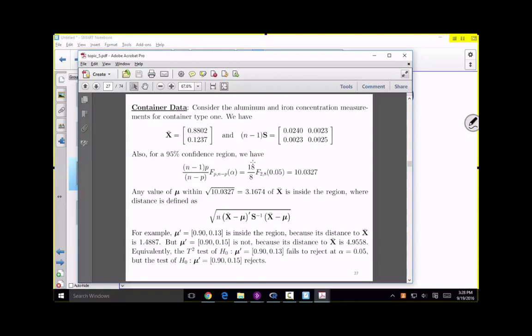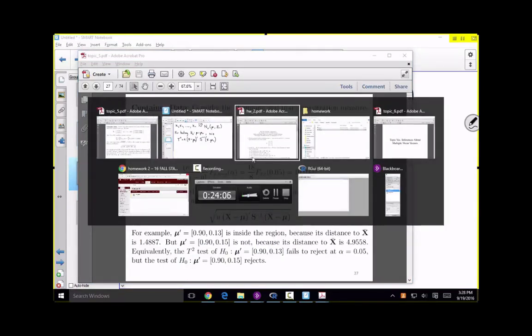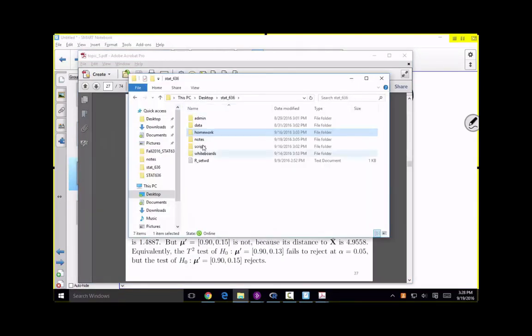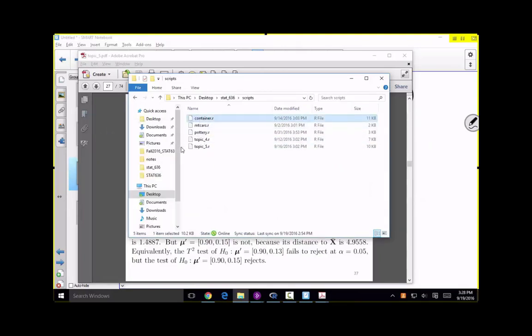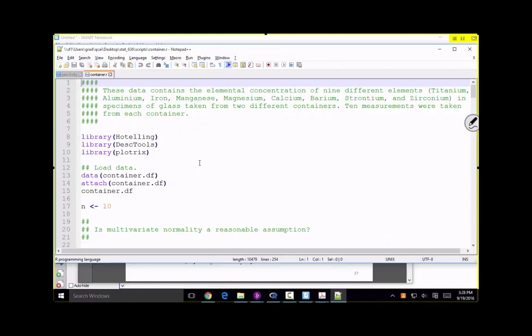Let me show you the container data. Container.r would have code for doing this. Let's go ahead and load these in real quick.